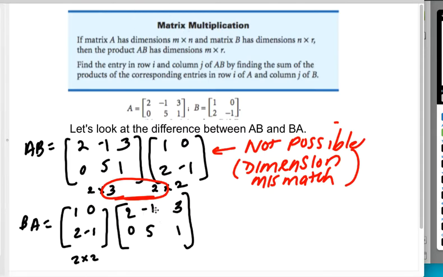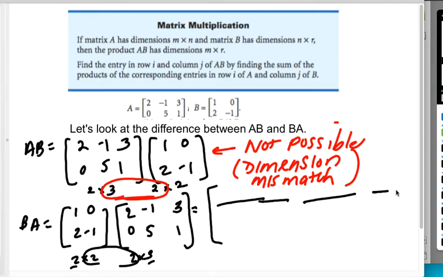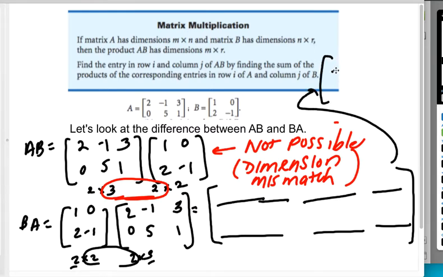Okay, so now I can multiply a 2 by 2 times a 2 by 3, and the result, see their inner dimensions match, the result will be a 2 by 3, right? So I know ahead of time that my answer should have 2 rows and 3 columns. Okay, and I'm going to go ahead and put my final answer up here because we're a little low on space.